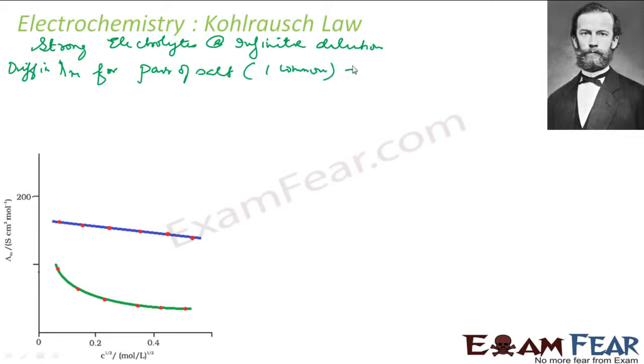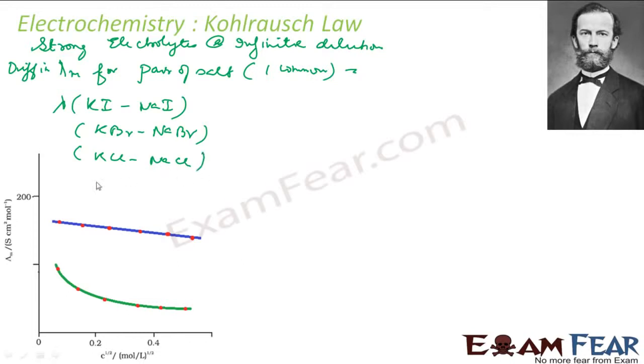For example, he took KI and NaI pair, found the difference. He took KBr and NaBr pair, he found a difference. He took KCl, NaCl pair, he found a difference.